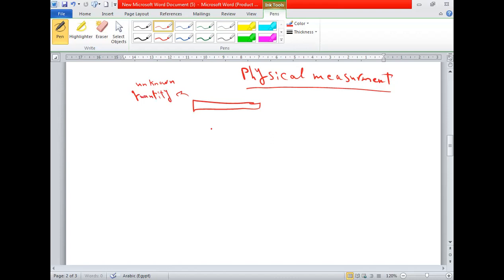If I want to measure this unknown quantity, we have to prepare or bring a known quantity, like a ruler. This is a ruler. Here is millimeters. This is a known quantity.